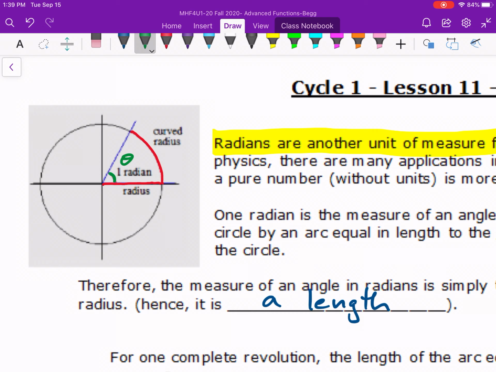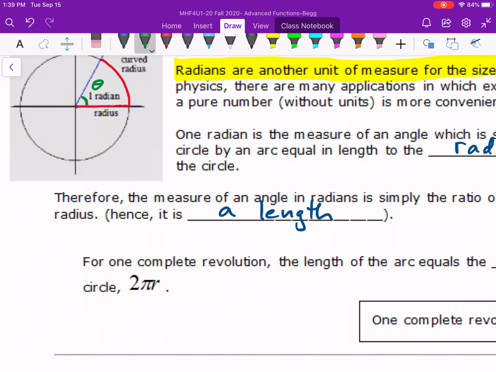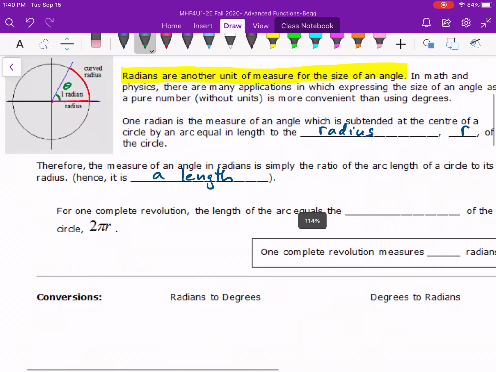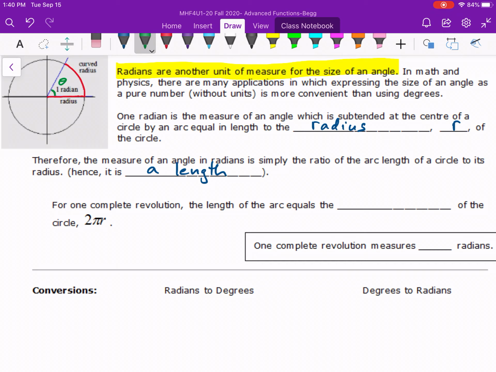And again, it doesn't matter what the size of the circle is, because the ratio of the radius to the curved part is always going to go the same distance around as an angle. So, for 1 complete revolution, the length of the arc equals the circumference of the circle, right?